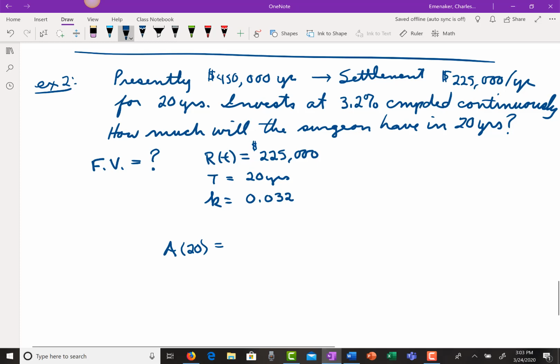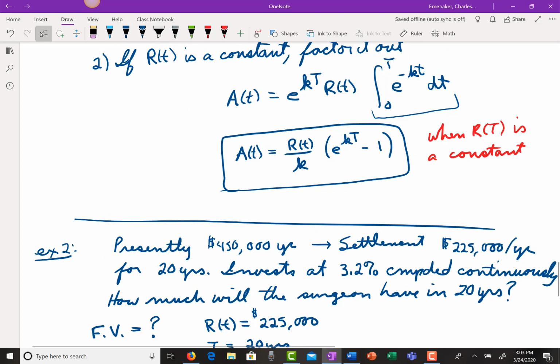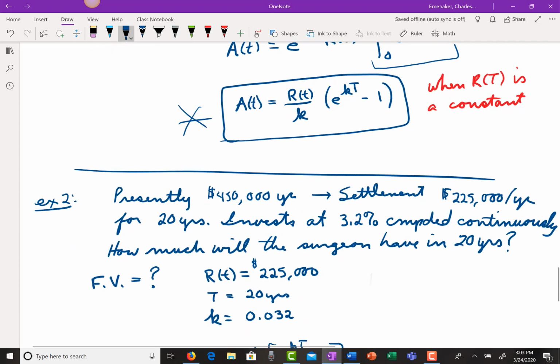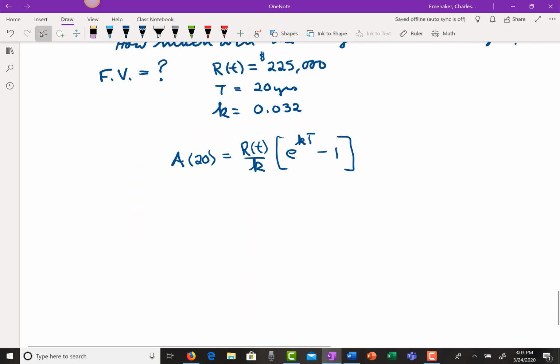Well, if you take a look at the formula, it was R of T over K times e to the KT, let's just say KT for right now, minus 1. Where'd you get that, Chuck? That came from right here. Okay. We have a constant rate of cash flow. Okay, so with that, we can substitute in the information we have.